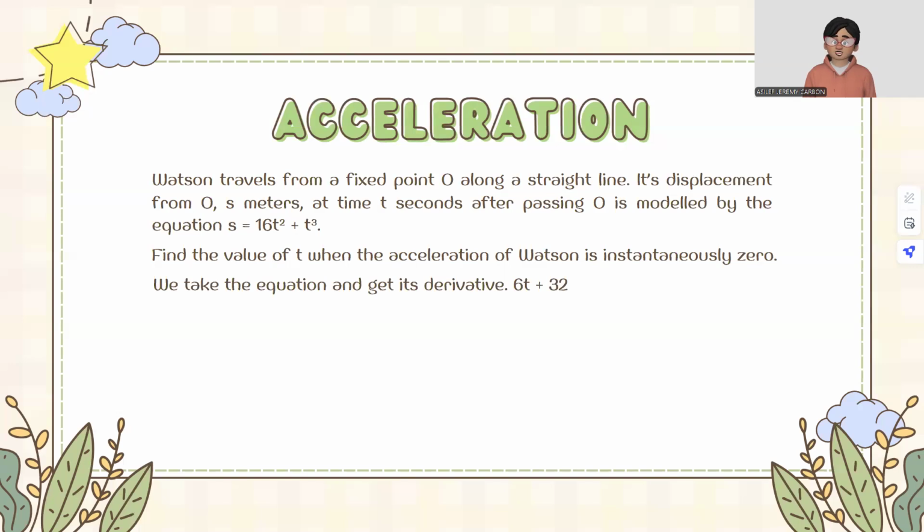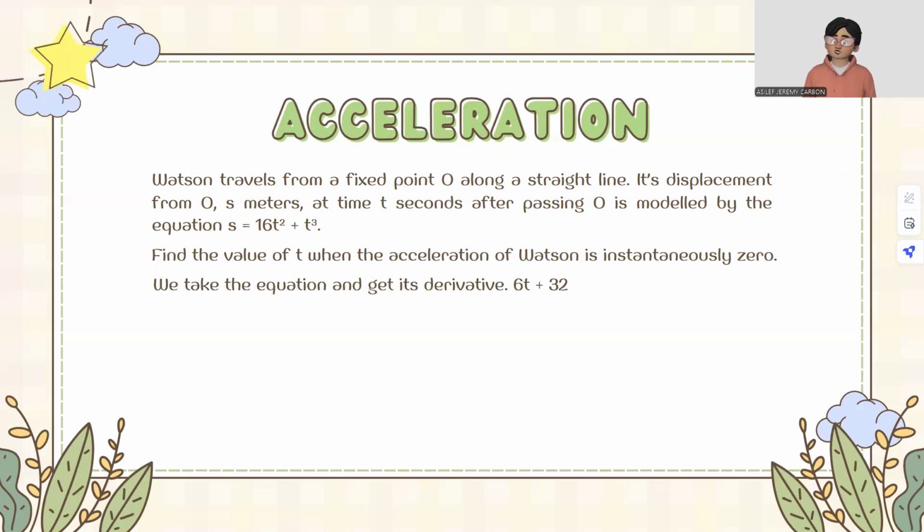Therefore, we take the equation. In this case, we can take the second derivative of s, or we can simply take the derivative of the velocity that we had earlier, which is going to be 6t plus 32.